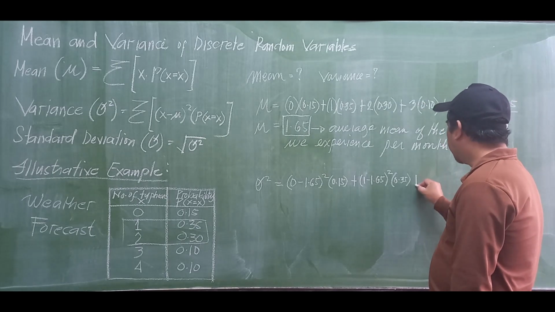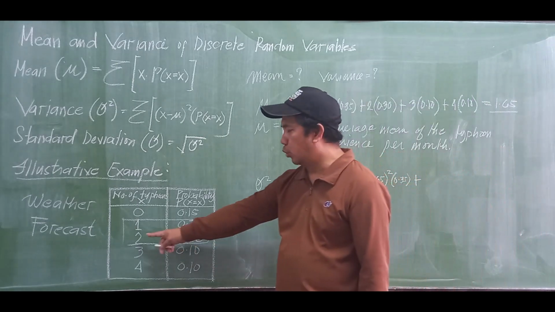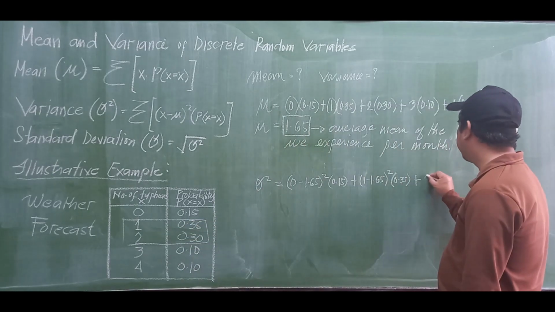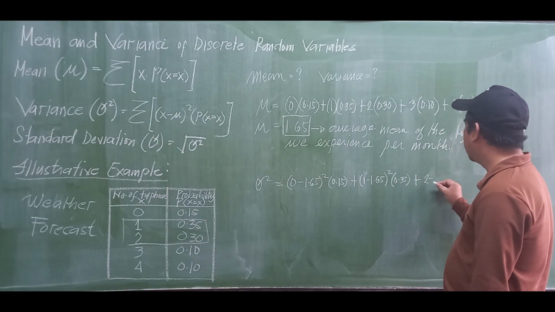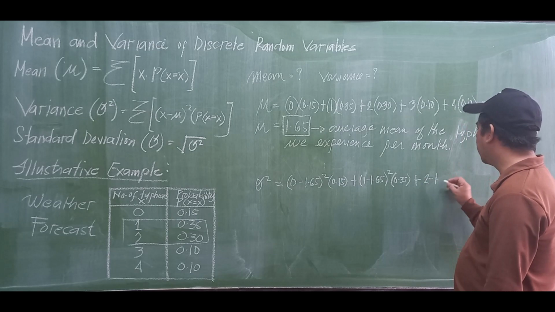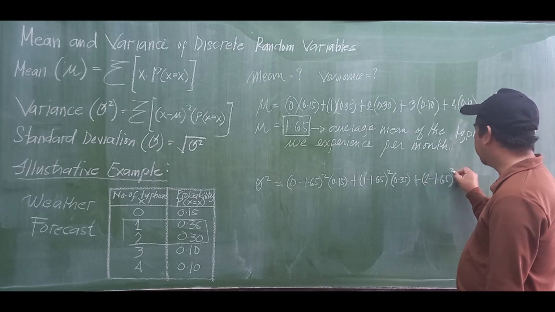Then, after that, added with the next variable, 2, so 2 minus the mean. What is the computed mean? 1.65, raised to the second power.